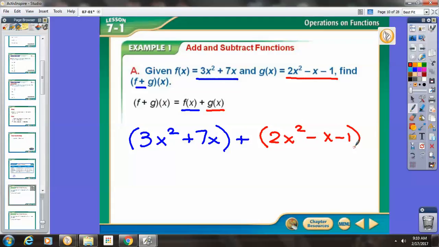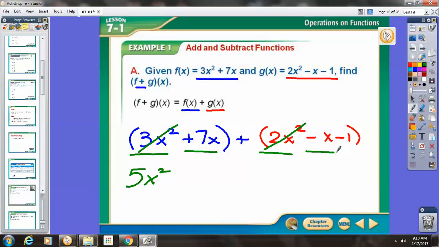This should look very familiar from what we did in the last chapter, does it? We're adding our 2 polynomials, so let's just add our like terms, term by term, to see if you have any like terms. I do have other x squareds, so 3x squared plus 2x squared is 5x squared. 7x and negative x.